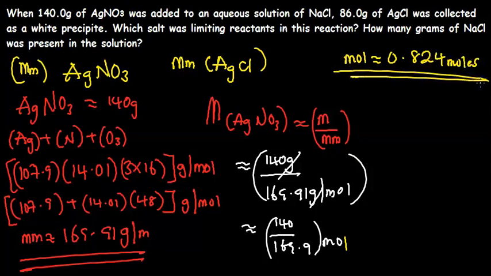So at this point, the next thing we need to do is to use the stoichiometry of the reaction to find the moles of silver chloride that could be produced from silver nitrate. Let's balance the equation.